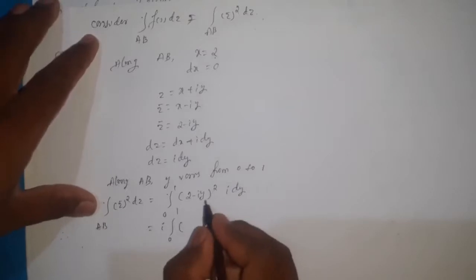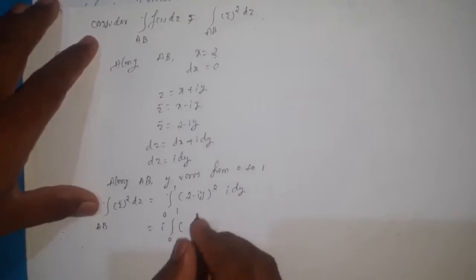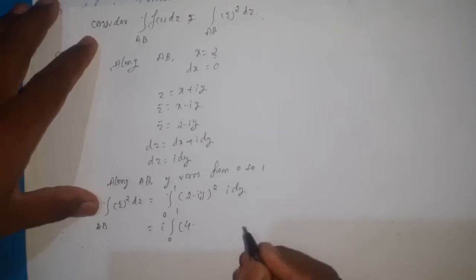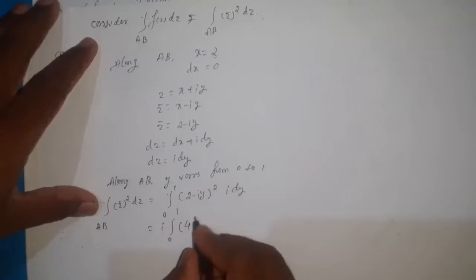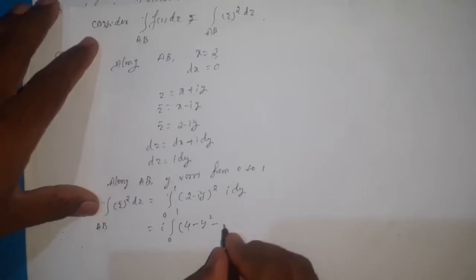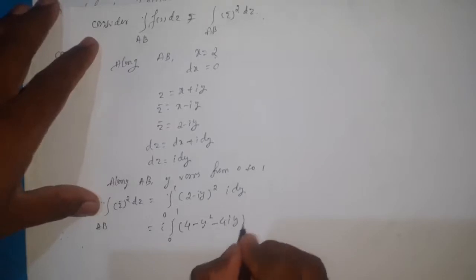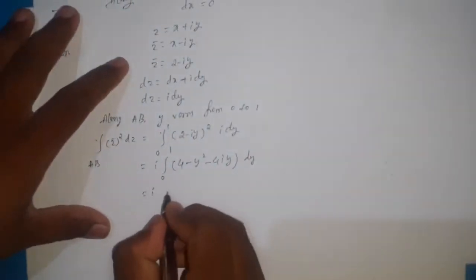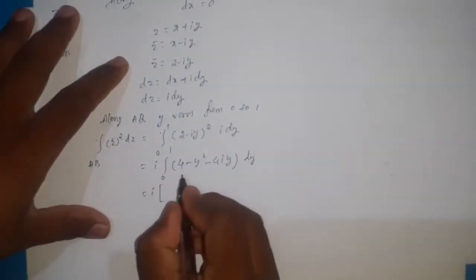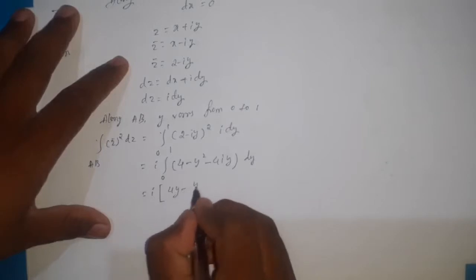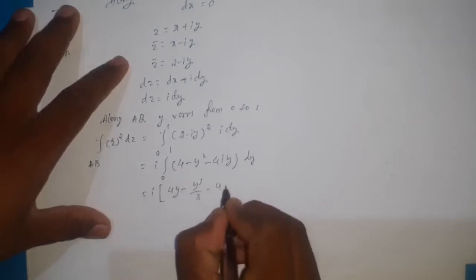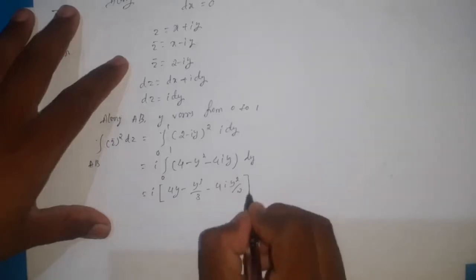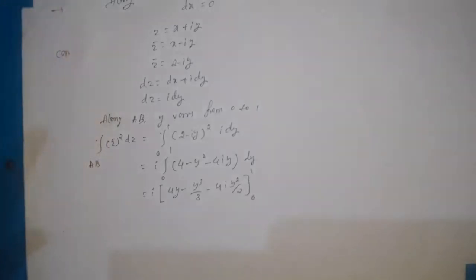Here (a minus b) whole square, that is a square plus b square, that b square is (iy) whole square and i square is minus 1, that is minus y square, minus 2ab, that becomes 4iy dy. Then this is i into 4y minus y cube by 3 minus 4i y square by 2 from 0 to 1.